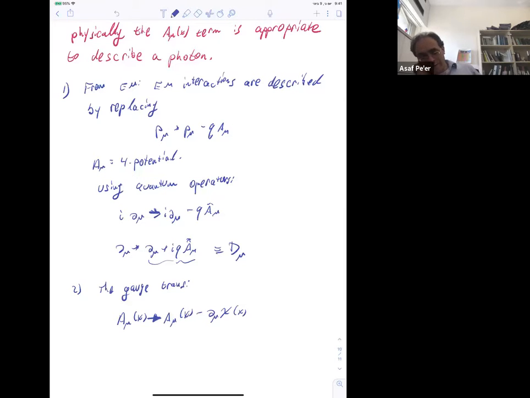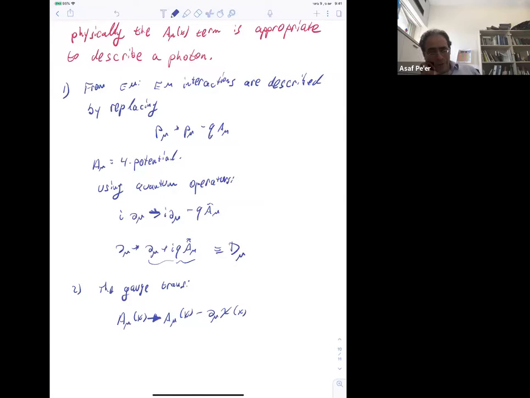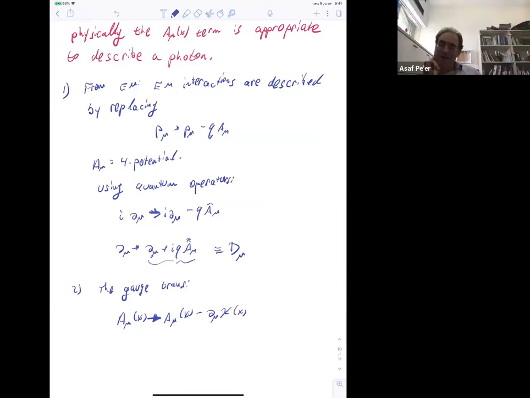That is a transformation under which Maxwell's equations are invariant. When A mu is considered as the 4-potential of the electromagnetic field, and we make this transformation, then Maxwell's equations remain the same. This is the same gauge that you learn in electromagnetism.